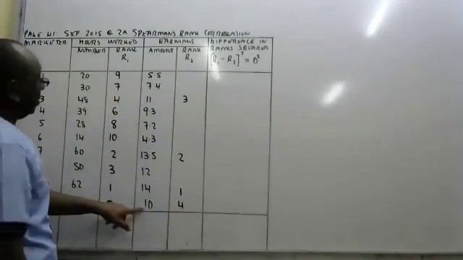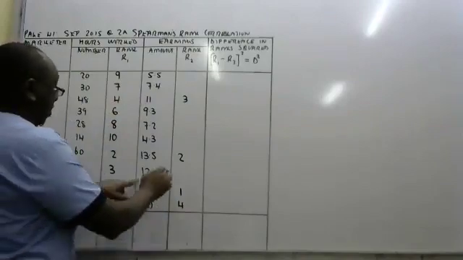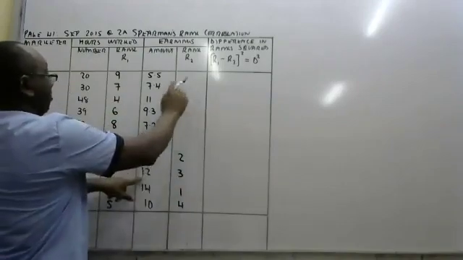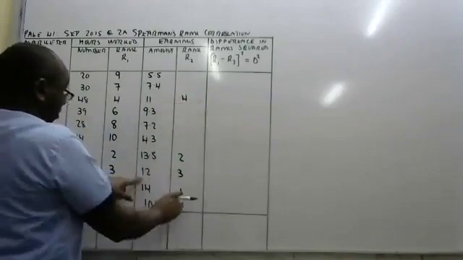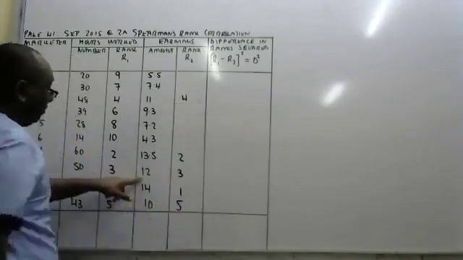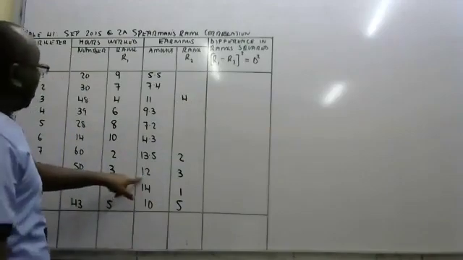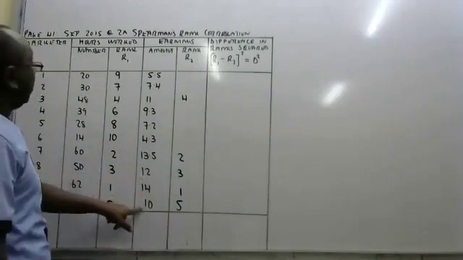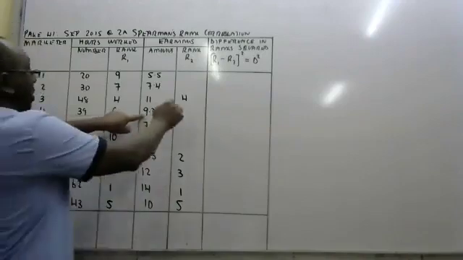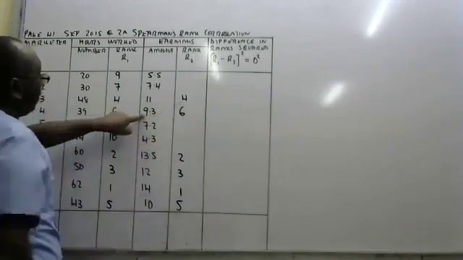No, sorry, there was a 12. This 12 should have been number 3. Then this 11 should have been number 4. Then this 10 should have been number 5. Good. Then after 10, I have 9.3, which is number 6.